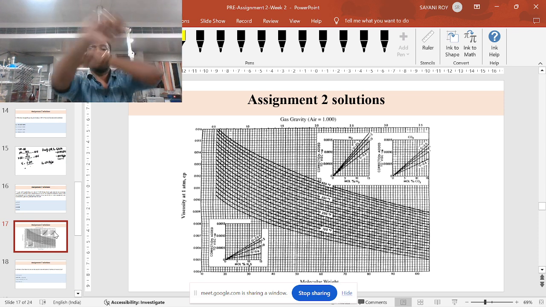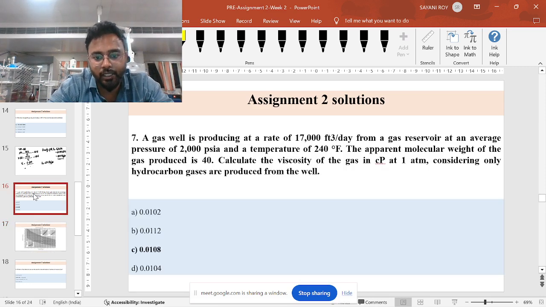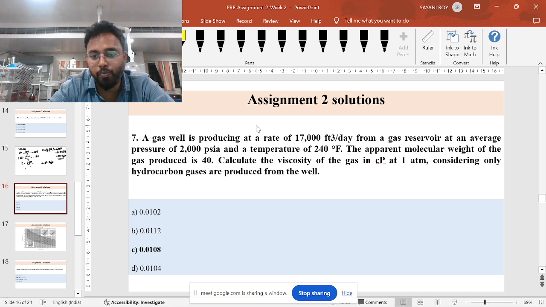Okay, first see what the question is asking. A gas well is producing at a rate of 17,000 feet cube per day from a gas reservoir at an average pressure of 2000 psi and a temperature of 240 degree Fahrenheit. The apparent molecular weight of the gas is 40.